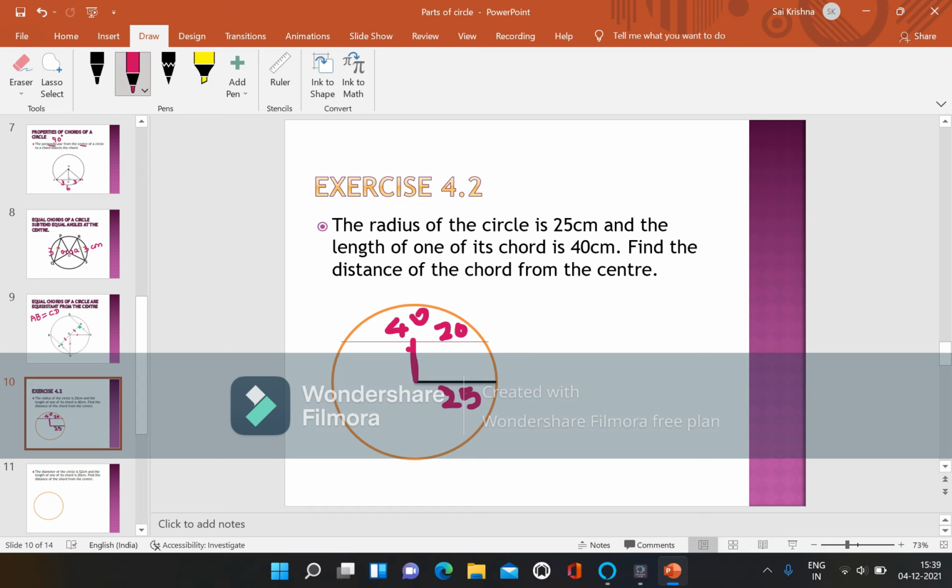So how we are going to solve this sum is, we are going to draw another radius like this. So this is also 25 centimeter, and we are going to find the distance of the chord from the center. So if I draw a separate picture here, it's like this.